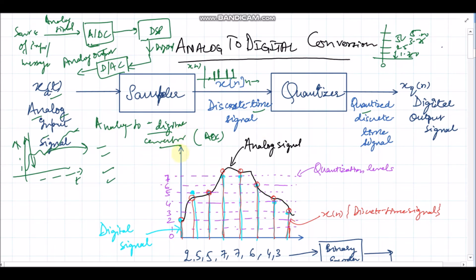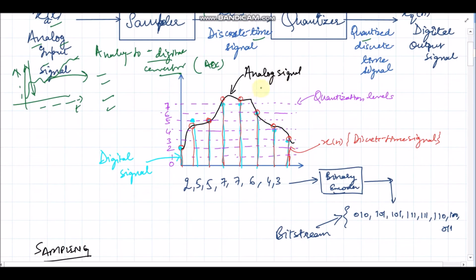Let's see this signal. This is the amplitude axis and this is the time axis. This is the analog signal represented by this black color. Whenever we feed this analog signal into the sampler, we get these samples denoted by these red circles. These are sampled versions of the analog signal.